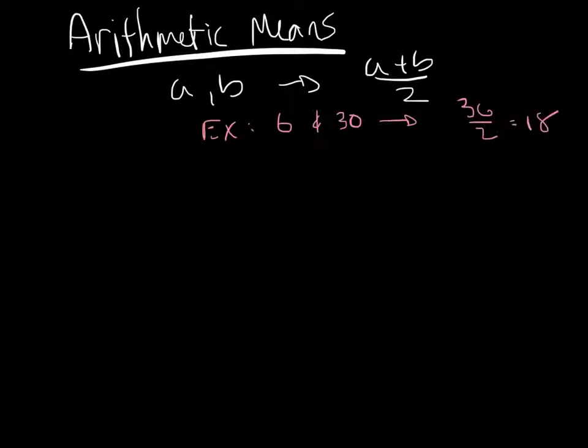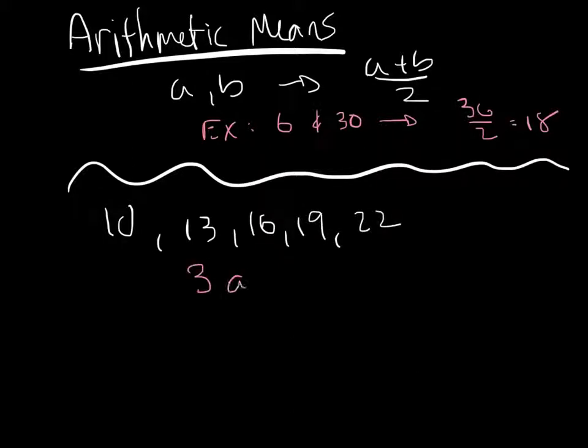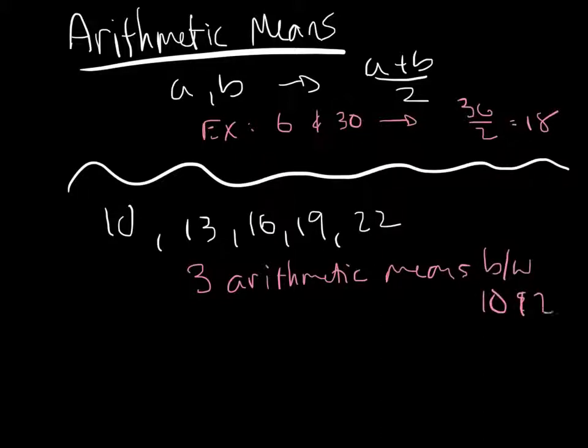What you don't know is we can set it up a little bit differently with arithmetic means. If I have the sequence 10, 13, 16, 19, 22, there are 3 arithmetic means between 10 and 22.